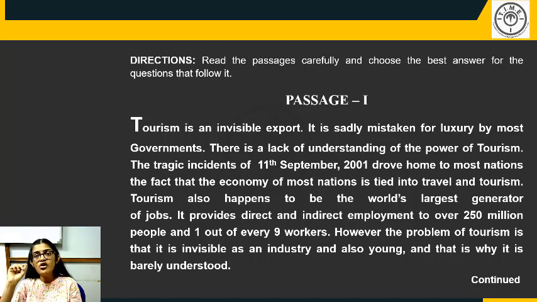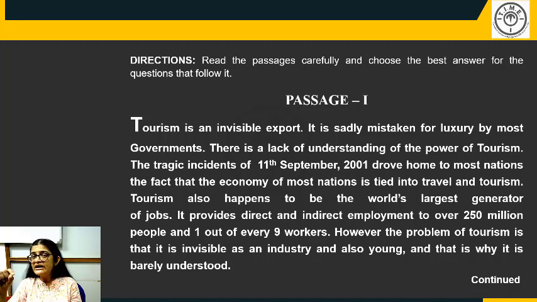What is the author's tone in this passage directly, or they may ask you, in this passage the author is what? Okay, or this passage can be best described as what? So in this last example that I said, this passage can be best described as, we are actually looking for the style of the passage.